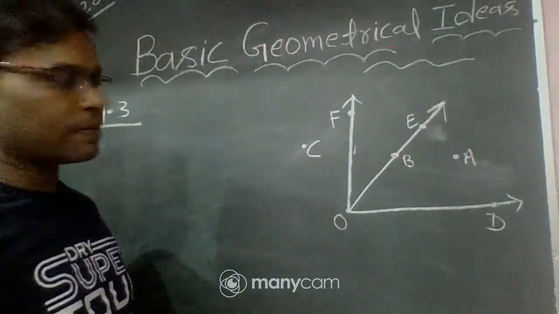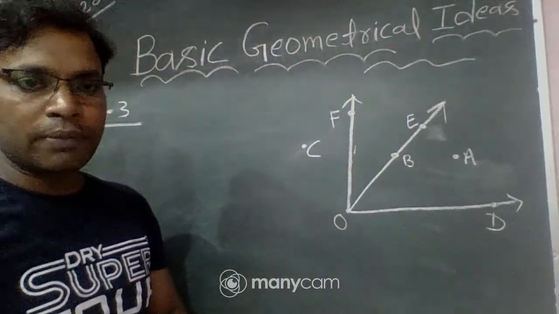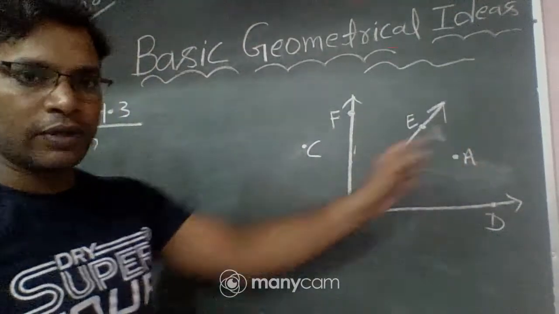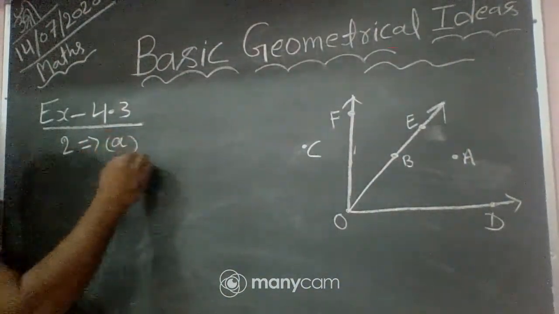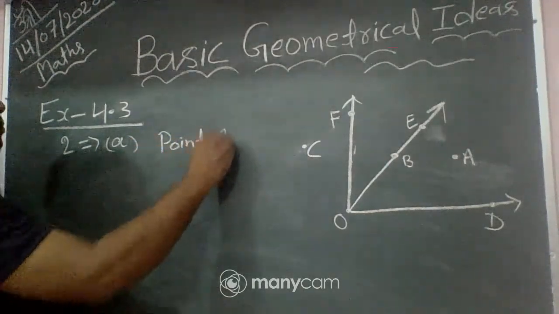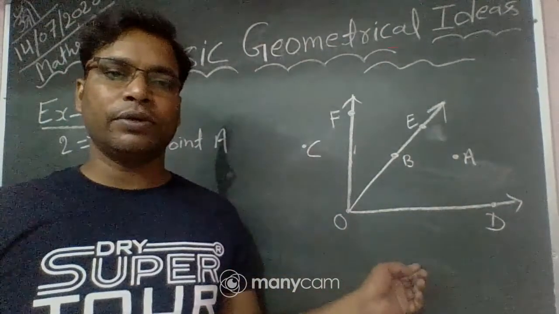You can see the interior point of angle DOE is A. So here you can write point A is the interior point of angle DOE.